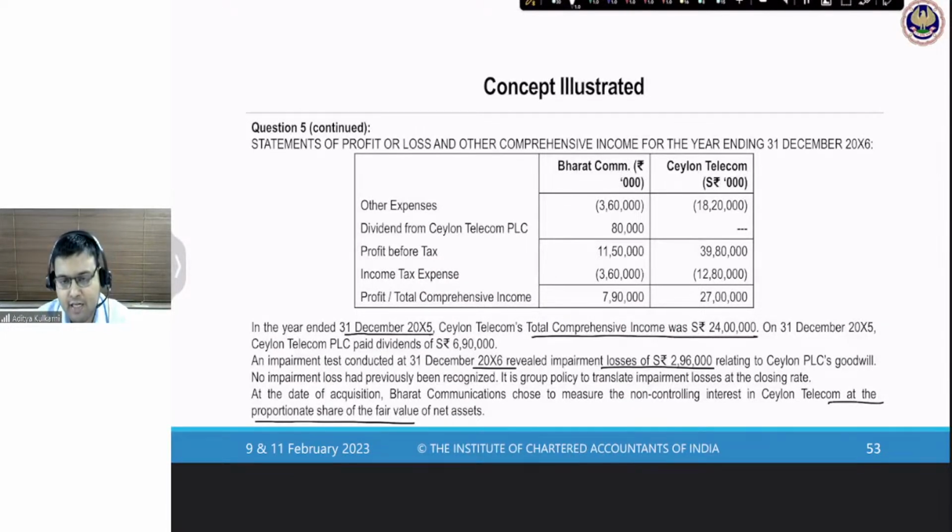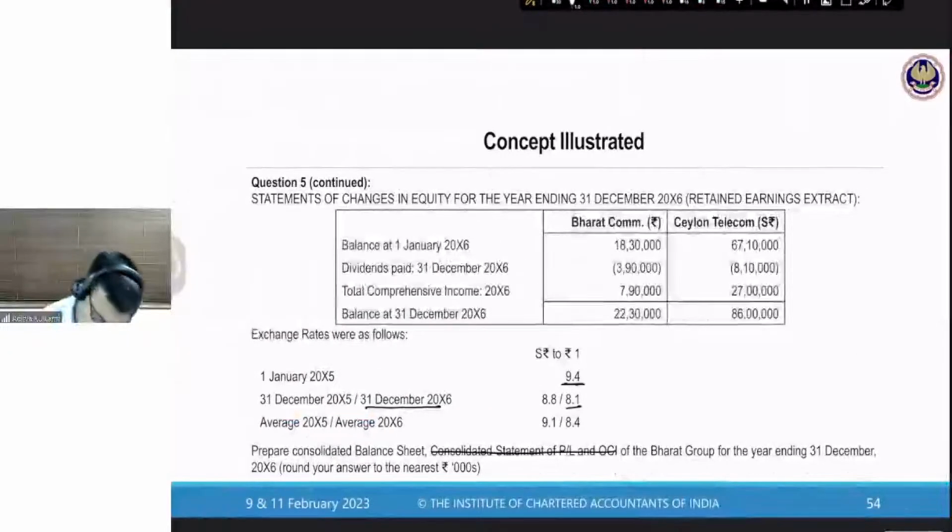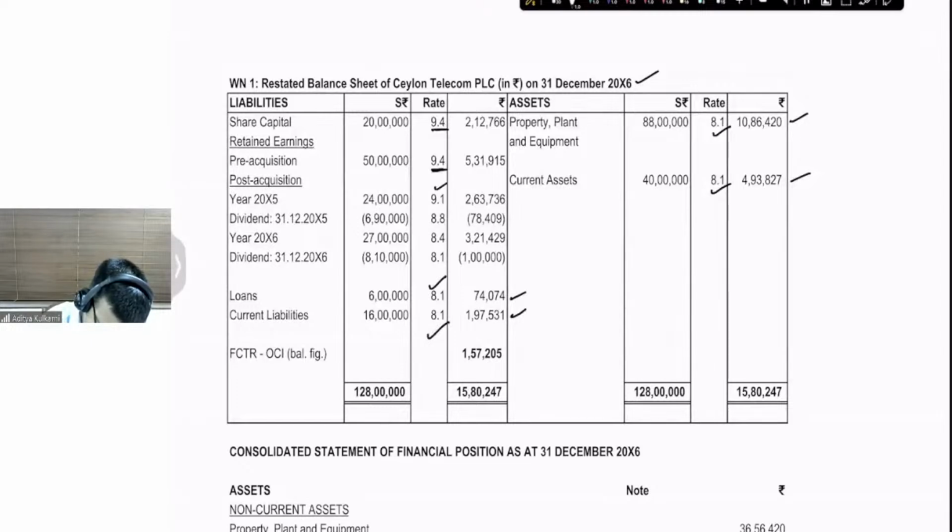When was this profit earned? 20X5. Did I have control? Yes. So you will translate using which rate? I will translate using the average rate of 20X5. That is 9.1. So I have translated using the average rate of 9.1.